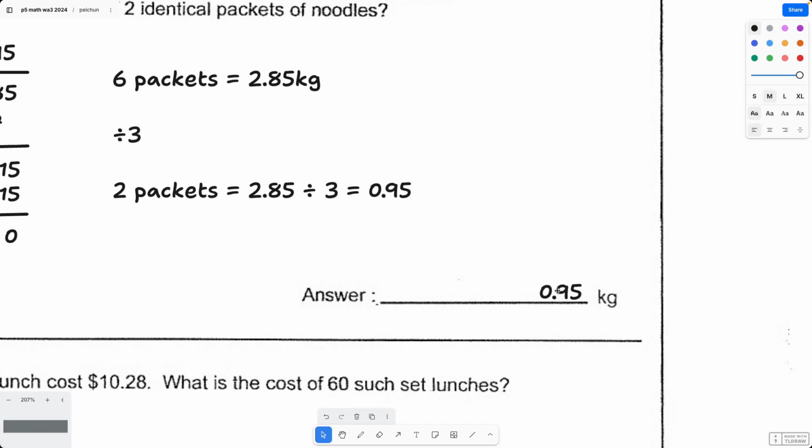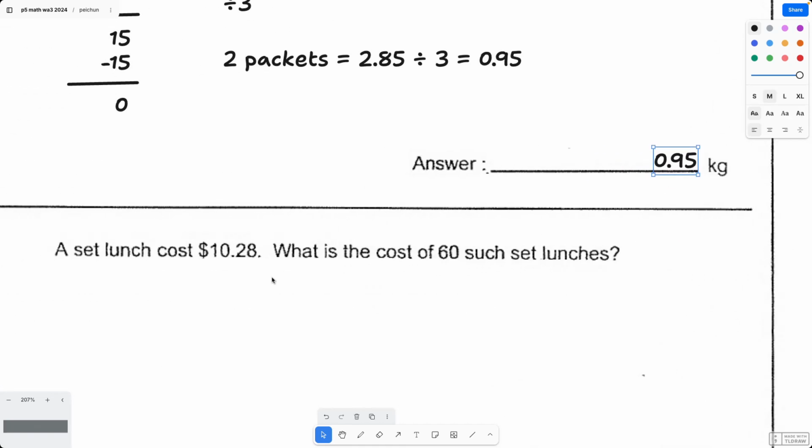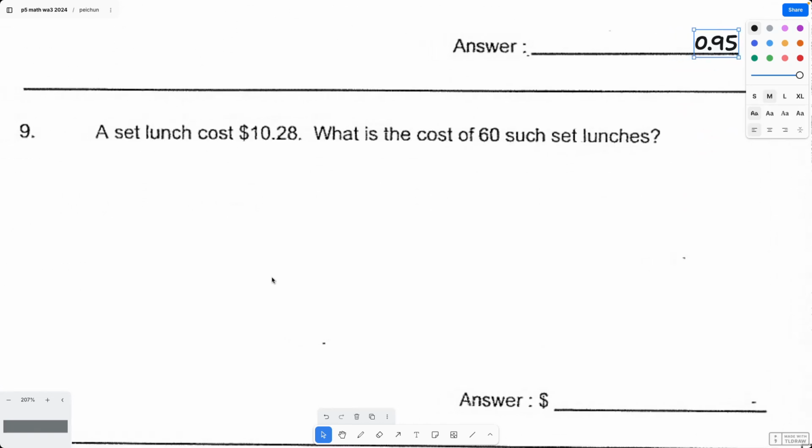Okay, so now let's move on to the next question. Question 9. A set of lunch costs $10.28. What's the cost of 60 set lunches? Same thing: we need to write 1 set is equal to $10.28.